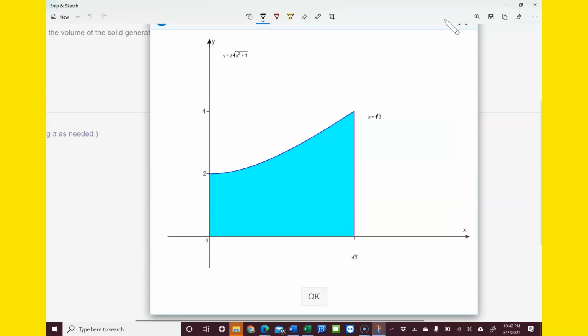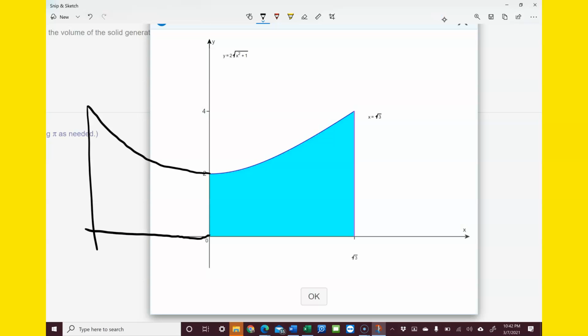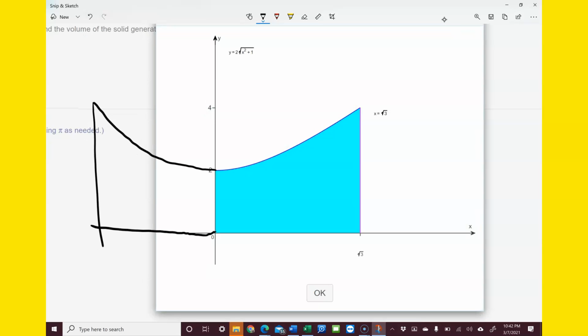So I'm revolving this thing about the y-axis. And I am going to make myself a cylindrical shell, just a random cylindrical shell, like this.